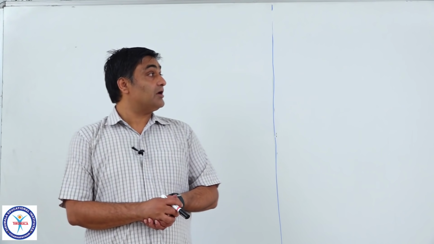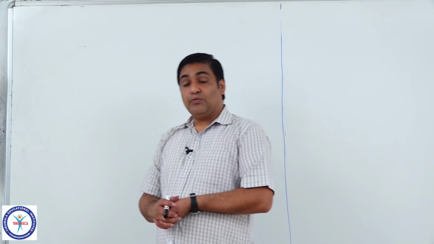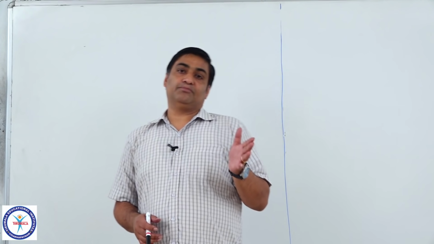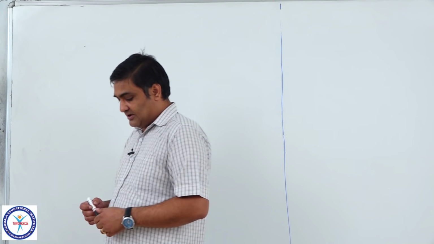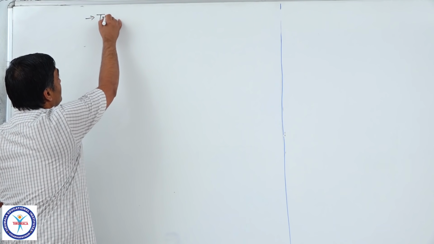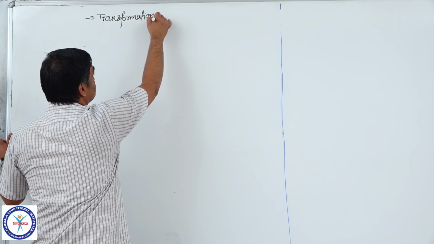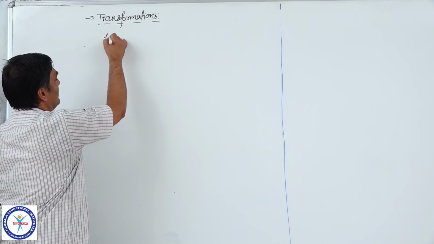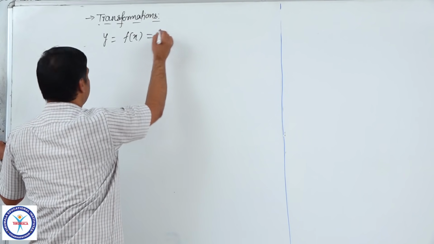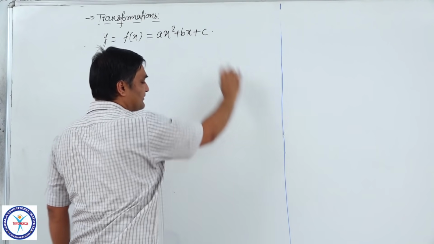Now we know how to draw graphs of quadratic expressions. Well, now there may be some transformation in the graph. Let us see. Transformations. Say y equal to f of x is a x square plus bx plus c.